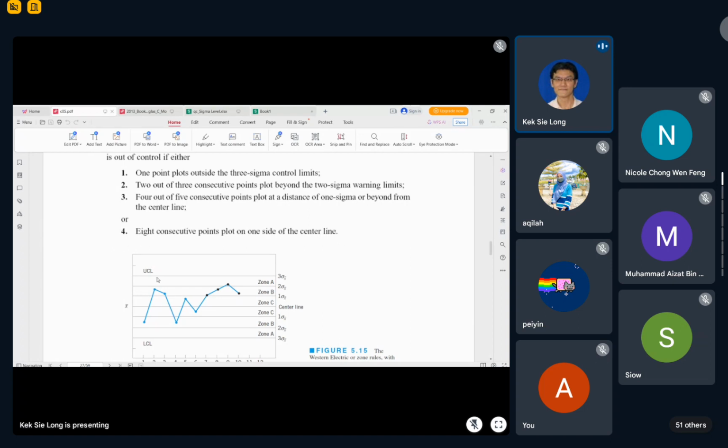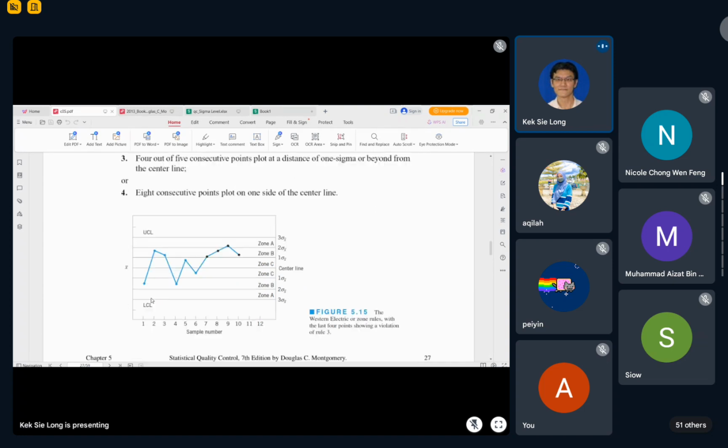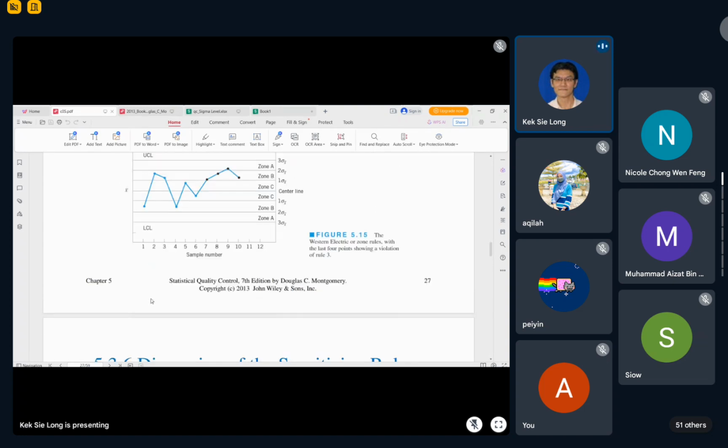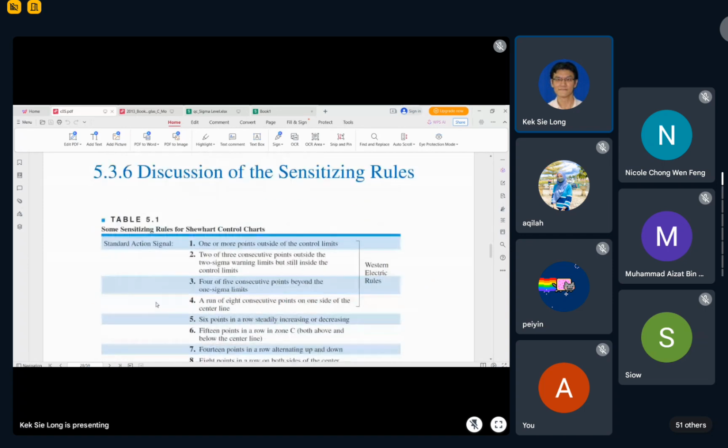So in Bahasa, we say this is what we can see on ice. This is talking about what we can see from the control chart. We can also talk about what we cannot see from the control chart, but which is related to the control chart.